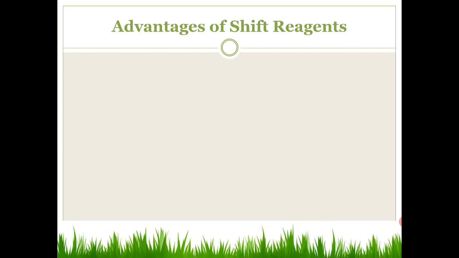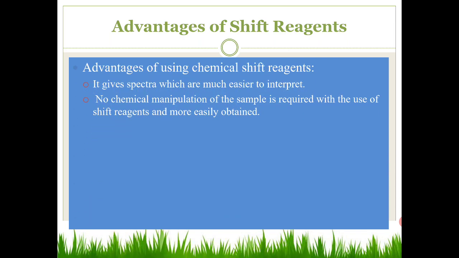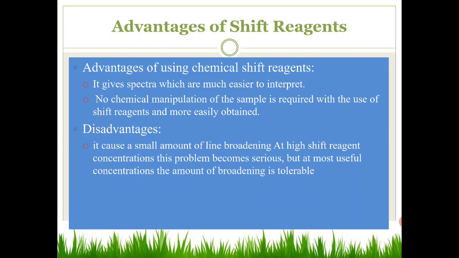What are the advantages of the shift reagent, if you ask? It gives spectra which are much easier to interpret. No chemical manipulation of the sample is required with the use of shift reagent, and spectra could be obtained more easily. You can directly look at the spectra and understand the difference as you did before.